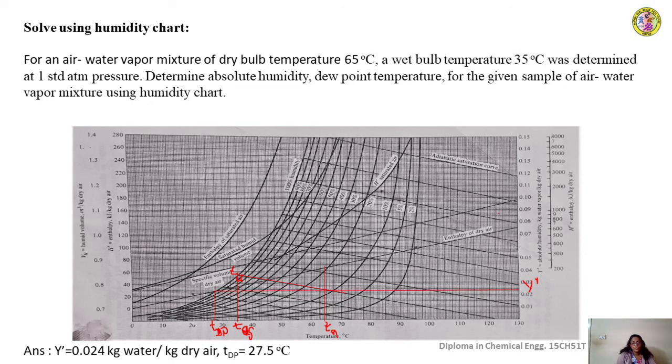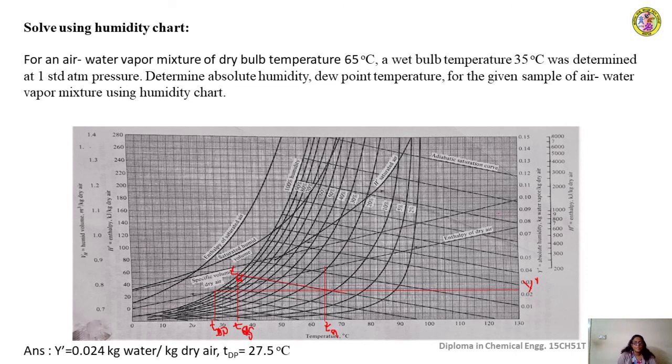After drawing the cooling curve, that curve and the dry bulb temperature line will meet at a certain point. From that point, you can read out the humidity of the given sample of air on the y-axis, exactly at the point y dash as shown in the figure.